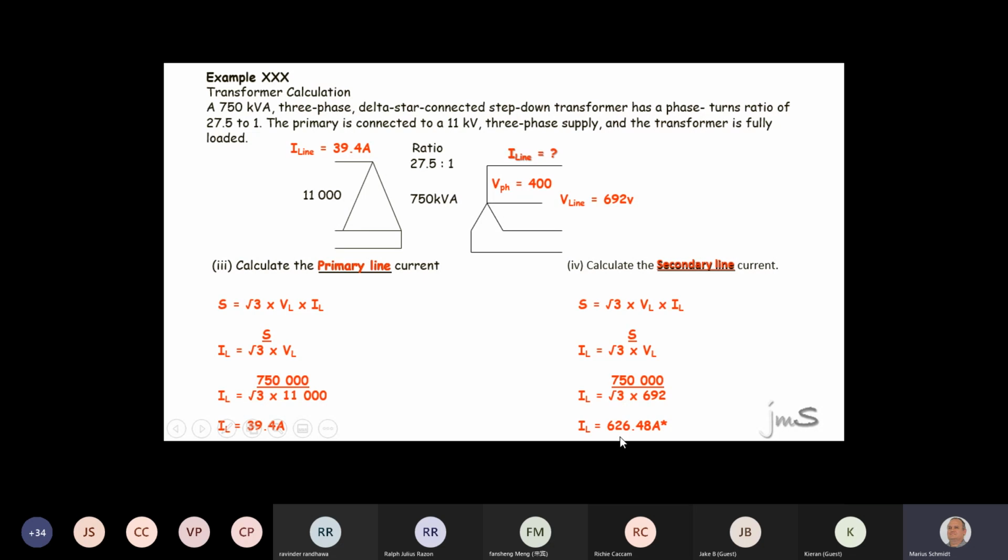So say again, 626 divided by 27.5. How much do you get? Okay, right. That's your coil current. Now multiply that with root 3. Get 39.